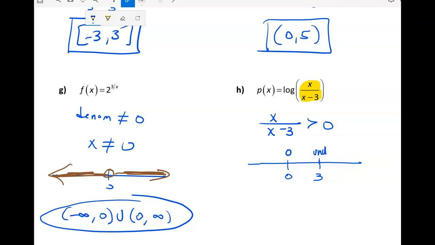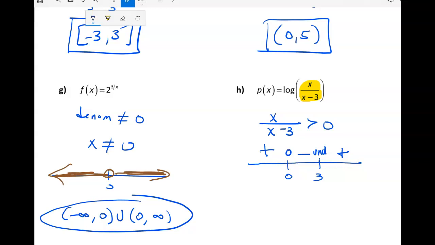Now let's use a number on the right side of the number line, maybe 4. 4 over 4 minus 3 is a positive number. Both factors are multiplicity 1, so plus minus plus is our pattern since there is a change in sign at each one of those critical values on the number line.